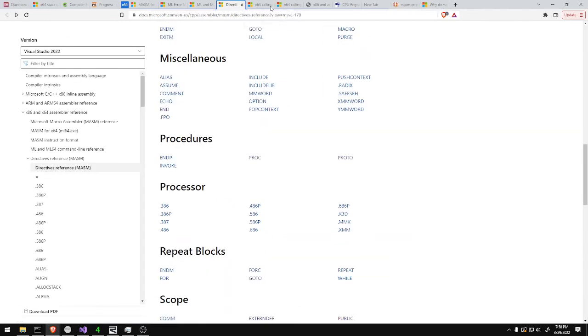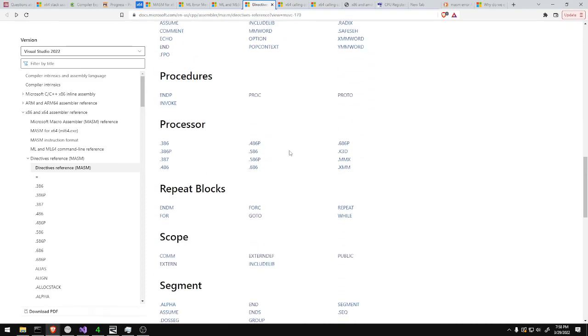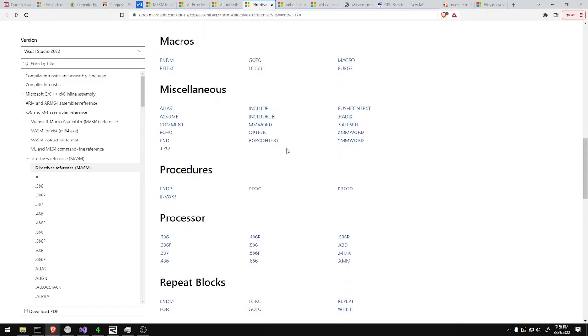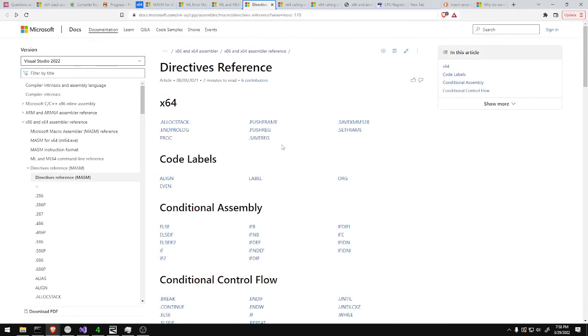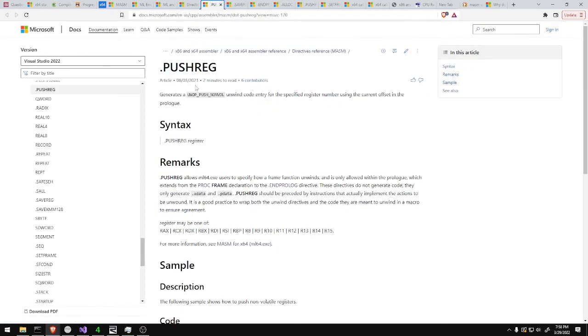I think I can clear out some of these older things. Alloc stack, push frame. Yeah, this looks like it. So push reg, save reg, end prologue, alloc stack, push frame. Let's just look at all of this. Set frame. Any of this could be relevant.